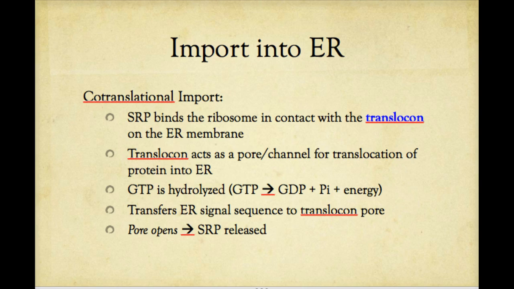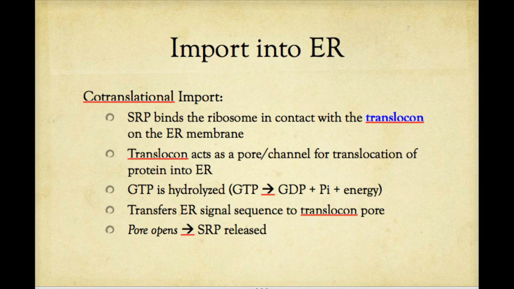So, again, co-translational import involves several key steps. The first thing that has to happen is that the SRP has to take the ribosome down to the membrane of the RER and get it in contact with the translocon. The translocon has several pieces to it, but its most important job is to act as a channel for the translocation of the protein.